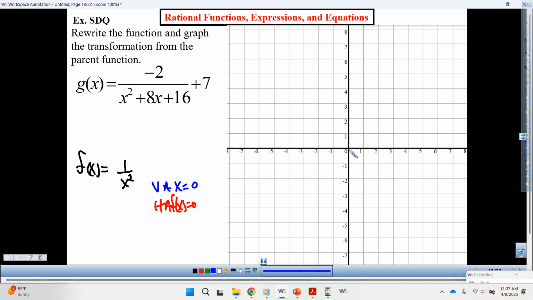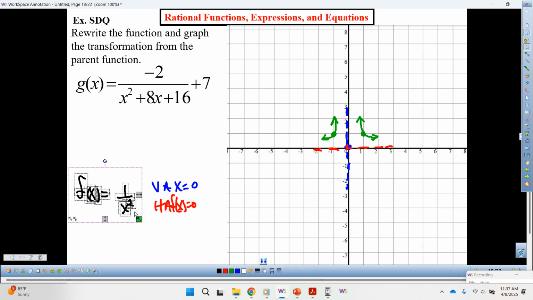So let's plot those. And the parent function, this one is 1 step to the left, 1 up. 1 step to the right, 1 up. There it is.